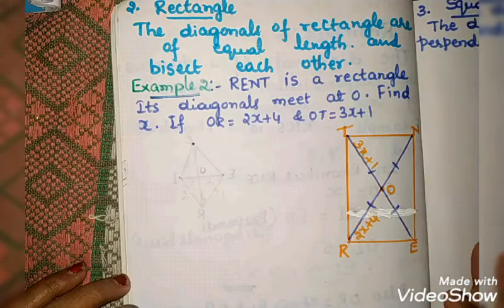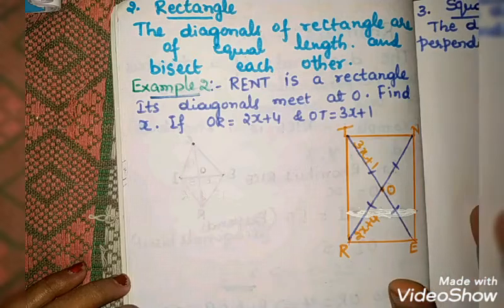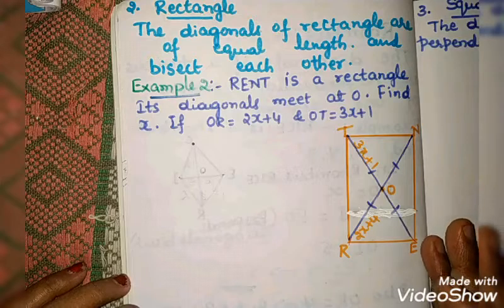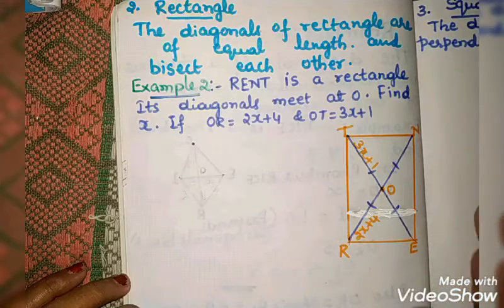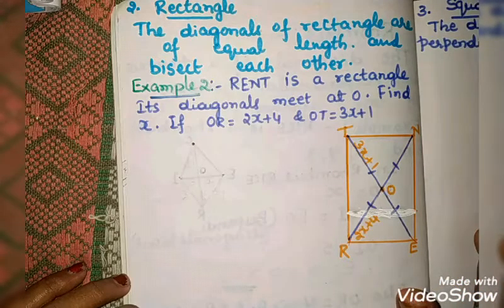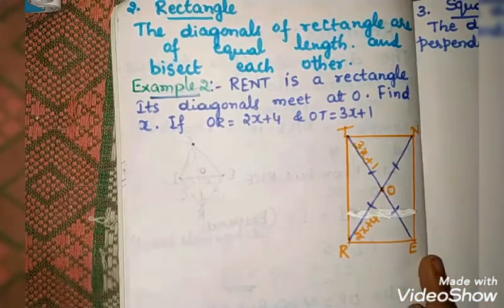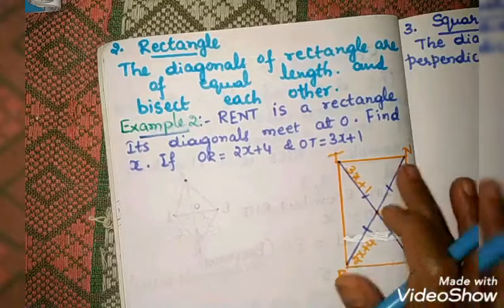Diagonals are not equal, but they bisect each other. When the two diagonals are drawn in a rhombus, they bisect each other, that's all. But in a rhombus, the diagonals will not be equal. But whereas in the case of a rectangle, the diagonals are of equal length.